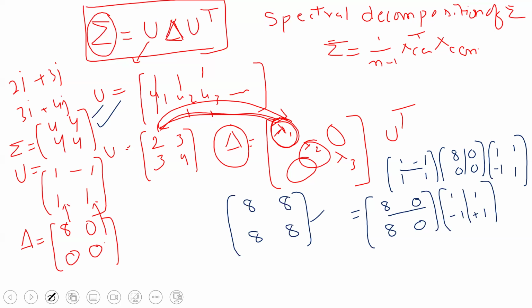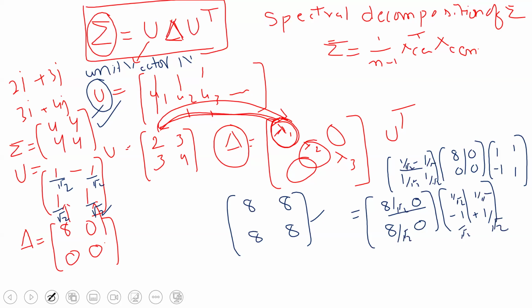I said U is the unit vector notation of the eigenvectors, right? So this becomes 1 by root 2, and this becomes 1 by root 2, minus 1 by root 2. That is where the error was coming from. Everywhere root 2 will come up, so each entry gets divided by root 2. It all sums up to 8 by root 2, and we also have root 2 on the other side.